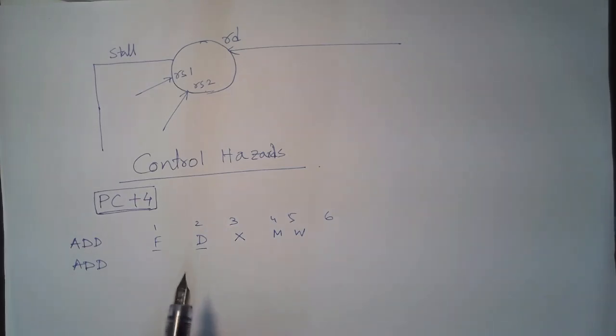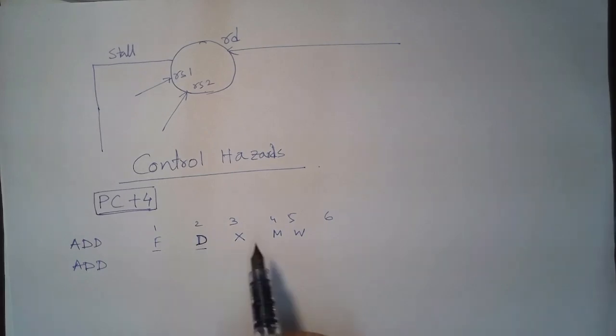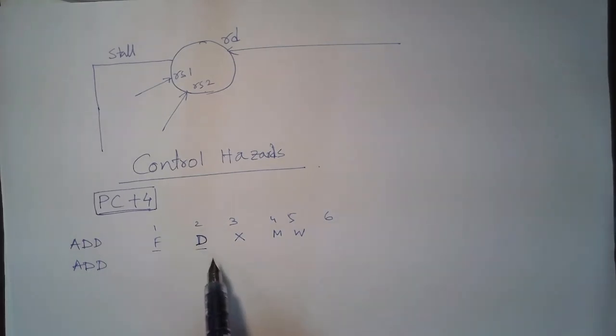All right. So, the objective is that I will have a pipeline, but I do not want to do anything wrong in this implementation or in this pipeline. Now, if that is the case, then you see that at the decode stage also, you do not know whether it is a branch instruction or not.